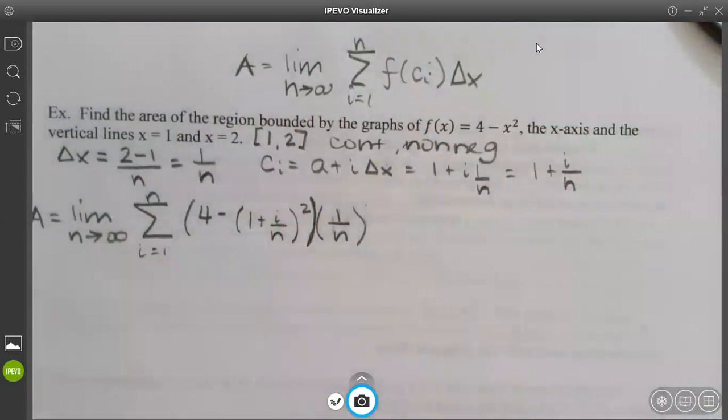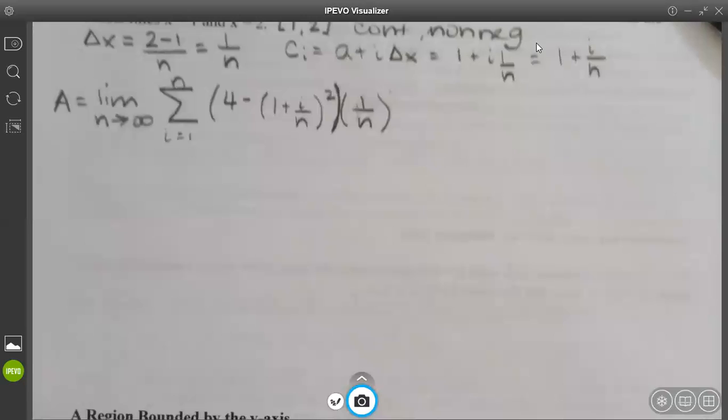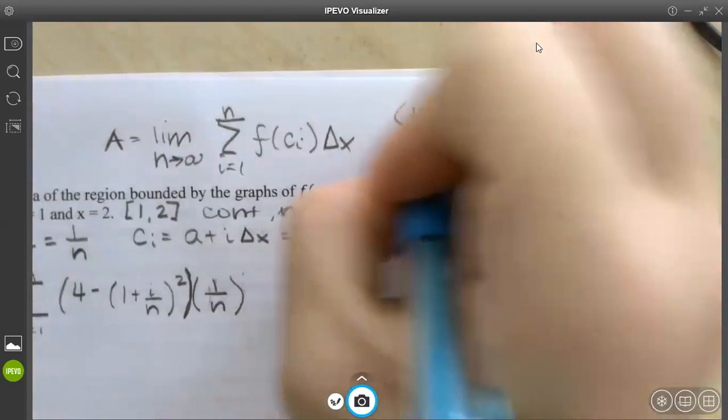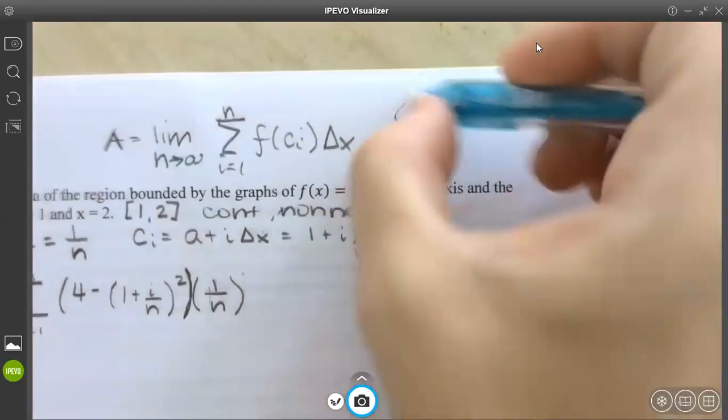What do I do now? Fix the parentheses first, put them together, then we can pull out a constant if we have one. So what do I have to do first? I'm going to do this up here just so you can see it.